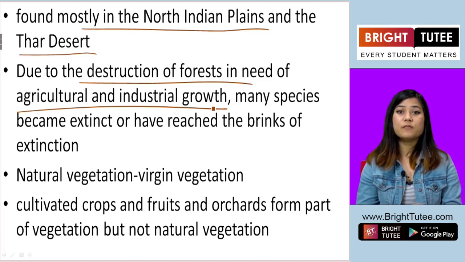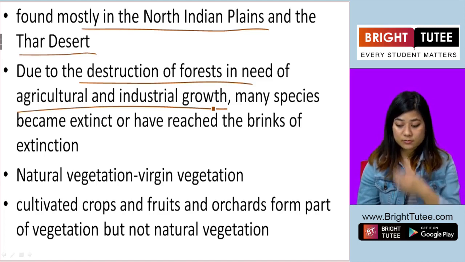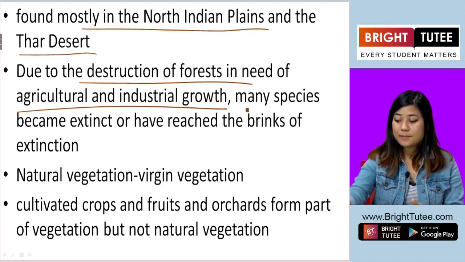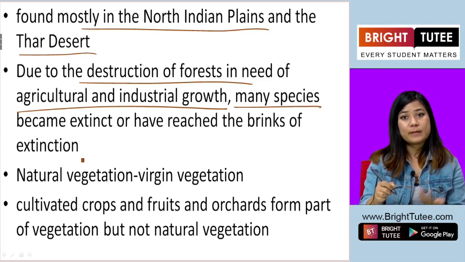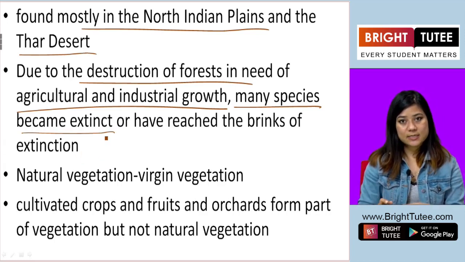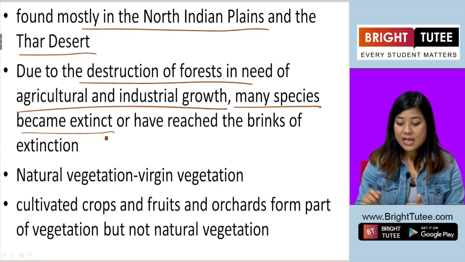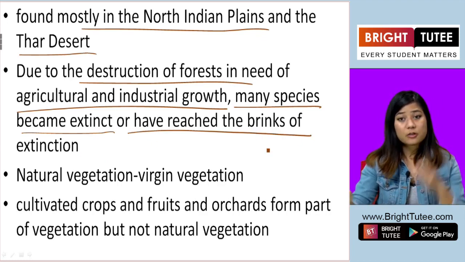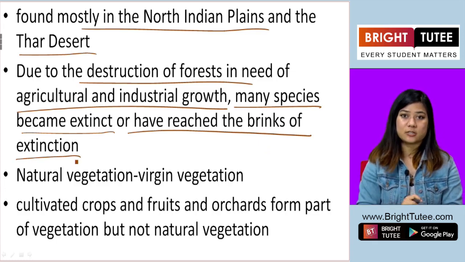Massive number of trees are cut down. Okay, and because of such actions, many species of plants and trees become extinct. They have become extinct, and if they have not become extinct, they have reached the point of extinction.